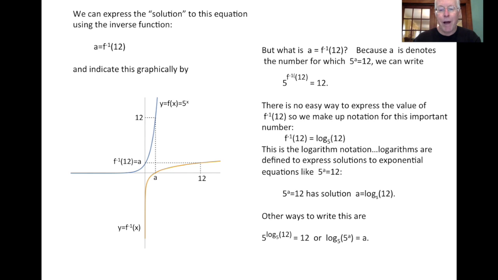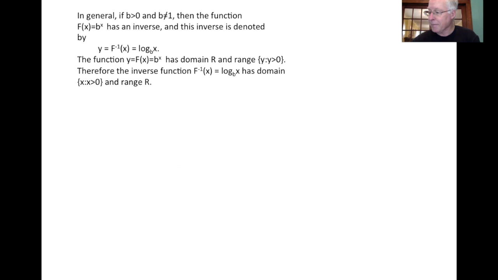We can write 5 to the power log base 5 of 12 is 12, again, because log base 5 of 12 is the number we raise 5 to, to get 12 back. And likewise, if we reverse the composition, if we take the log base 5 of 5 to the a, this is saying what number must I raise 5 to, to get 5 to the a back? Well, the answer is a, of course.